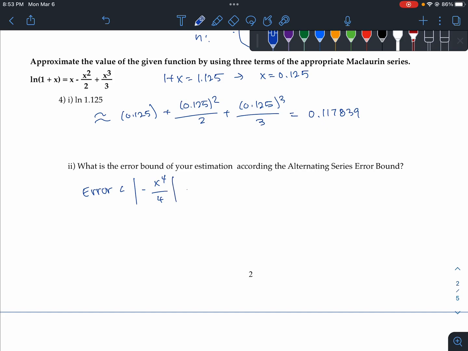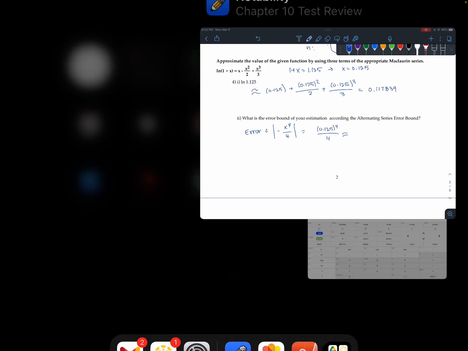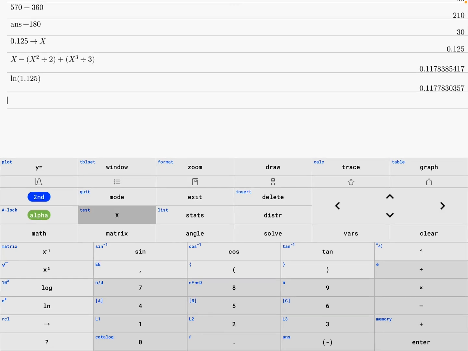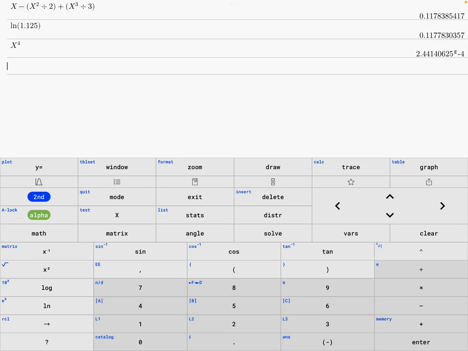Okay, so this would be equal to, since I'm using absolute value, don't need the negative, 0.125 to the 4th divided by 4. And if you punch that into a calculator, so we'll have x raised to the 4th divided by 4.